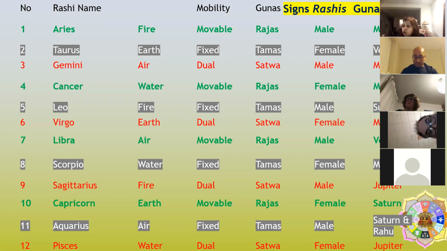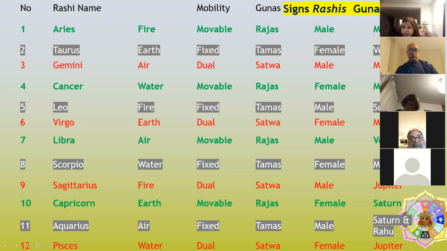Those things we will cover next time. But for the moment, it is important for you to understand that for Taurus, the other ruler also is the Moon.